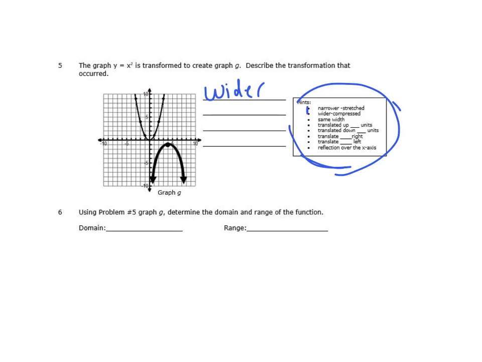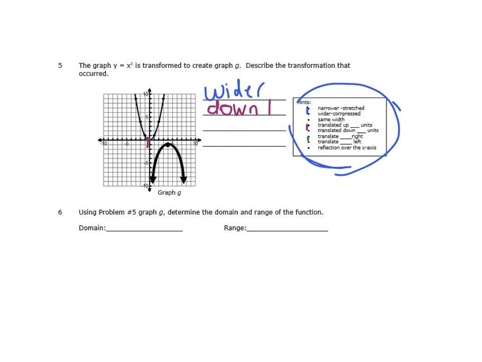The next is talking about whether it was translated up or down. And you're talking about the vertex. So from the vertex, it's gone down 1 unit. Then we have the next two, we're talking about if it's translating to the left or to the right.